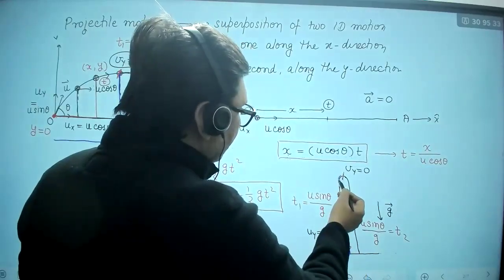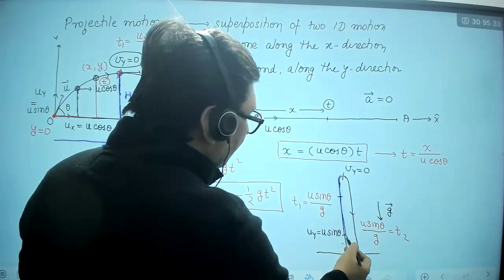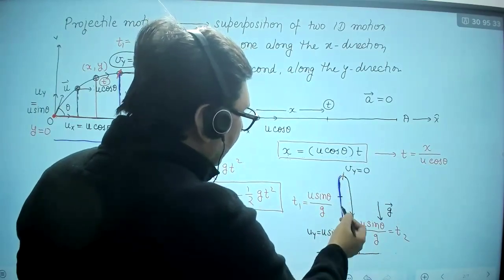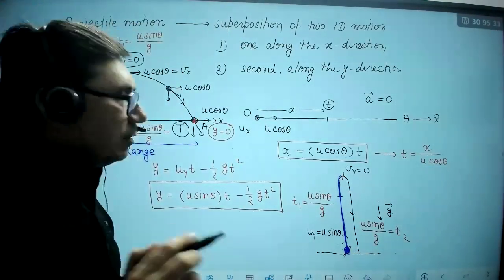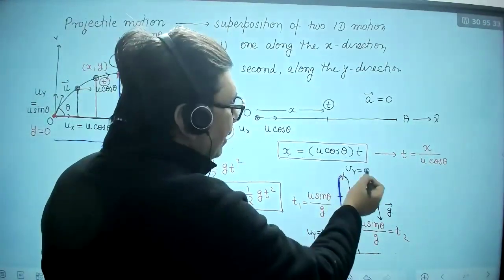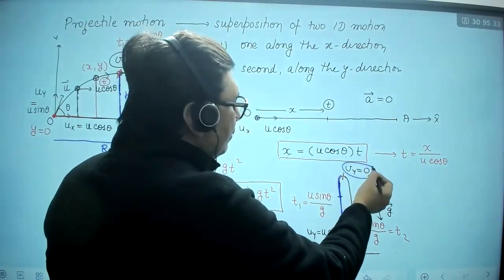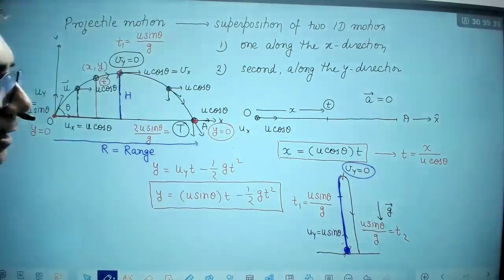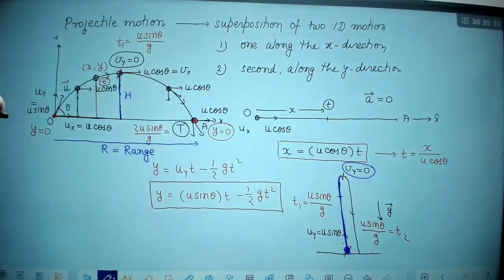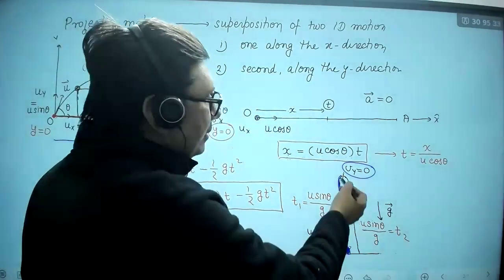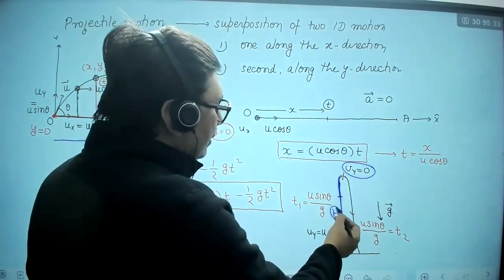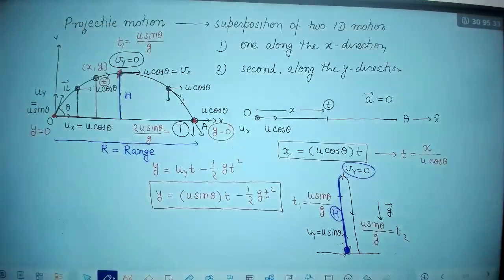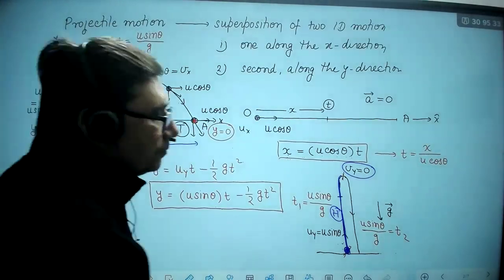This will be the maximum height. And to find capital H, you will use the fact that at the highest point, Vy will be 0. And the distance traveled in the upward direction, suppose that is H. This is the maximum height this projectile is going to achieve during this projectile motion.